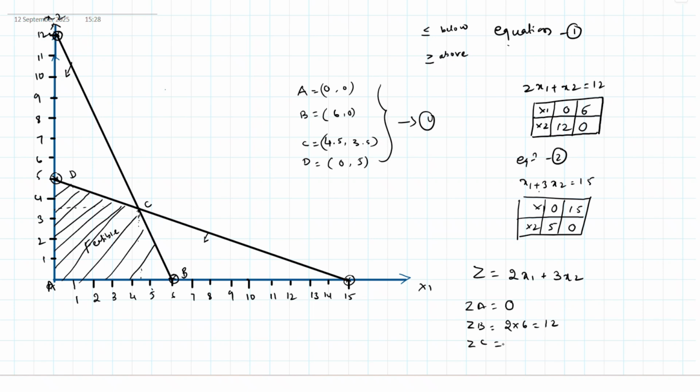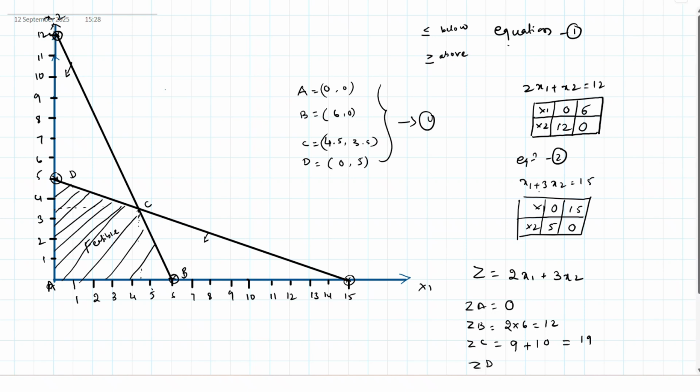For ZC, if I substitute 2 into 4.5, that is 9, plus 3 into 3.5, that is around 10. So this is going to become 19.